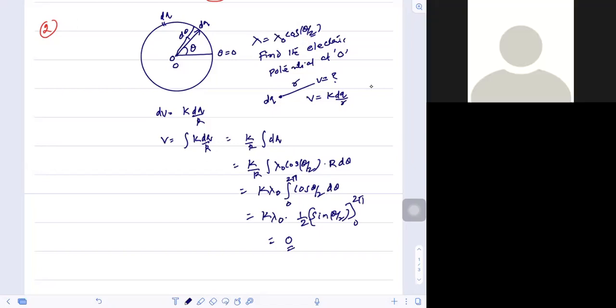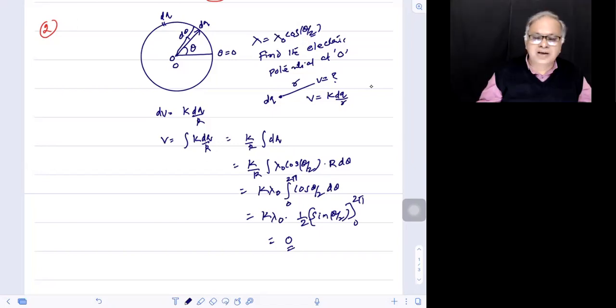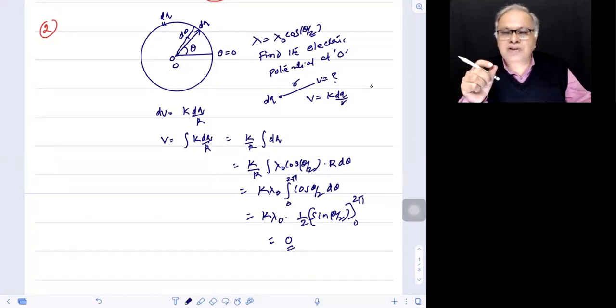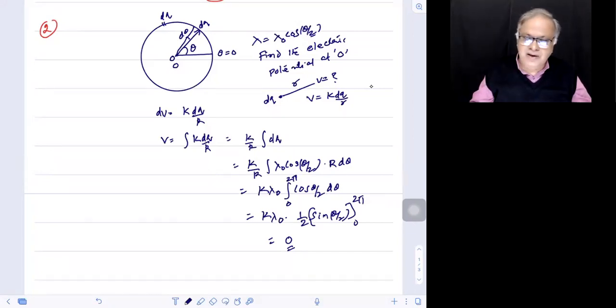Yes. The good thing is that potential simply doesn't bother how the charge is distributed, linearly or non-linearly, because whatever the charge density, it may be closer somewhere and farther somewhere. It doesn't really matter here because all those dq are the same distance from the center.